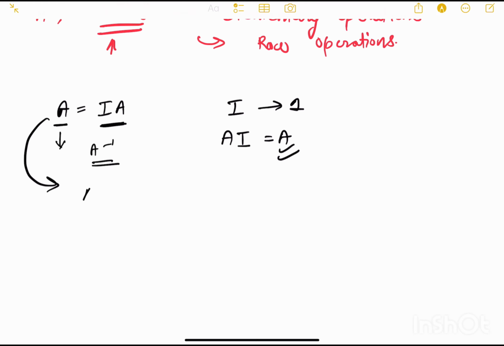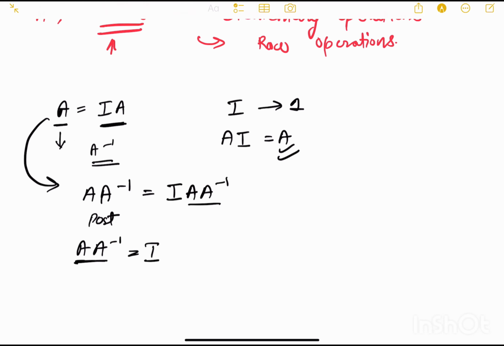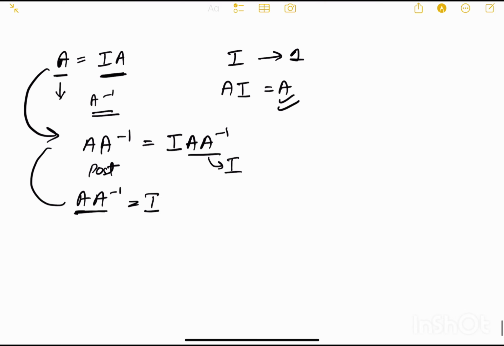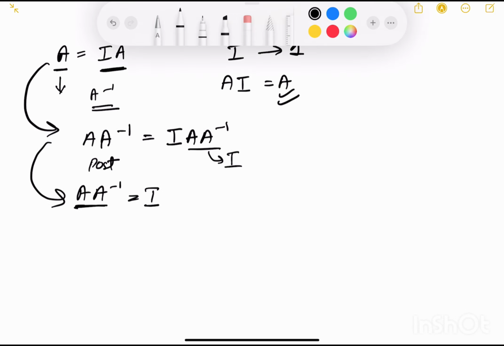Consider this relation. If I post multiply by A inverse, post means on the right hand side, if I multiply here as well, what I will get is A A inverse is equal to my identity. I'm just keeping this portion as it is. This is again my identity. So this is also a way that I can write my relation, right?